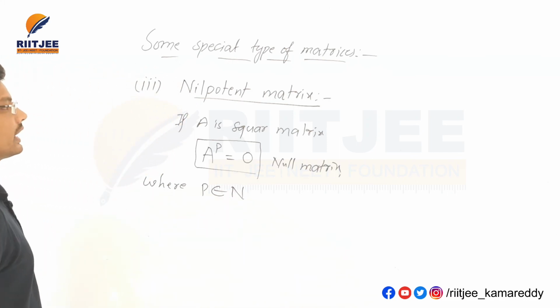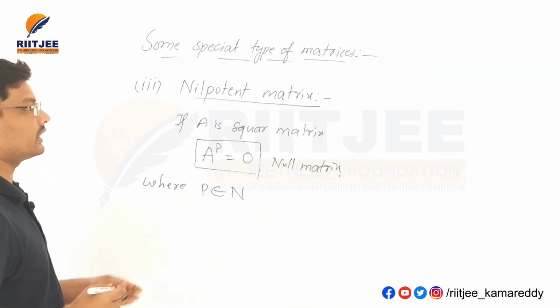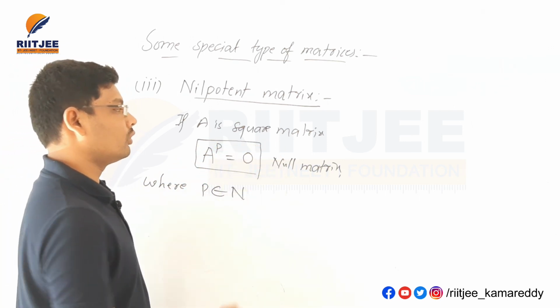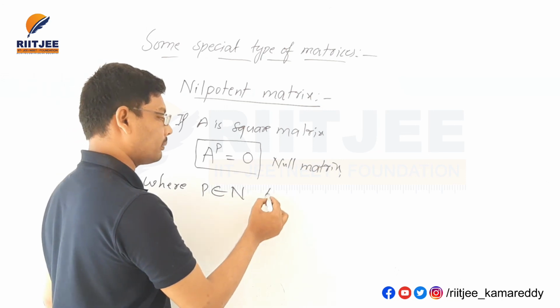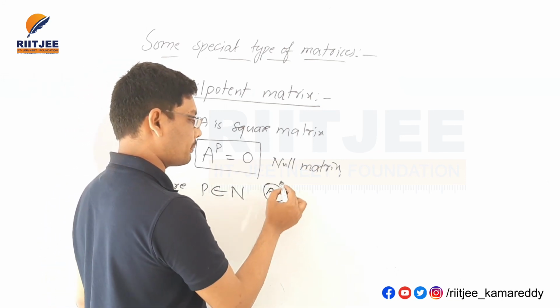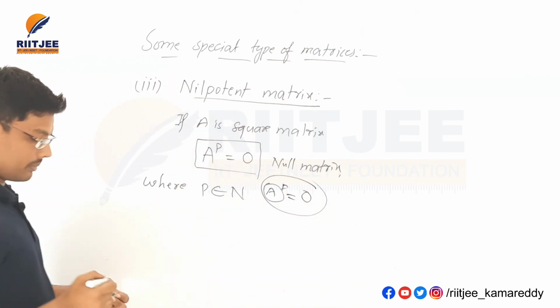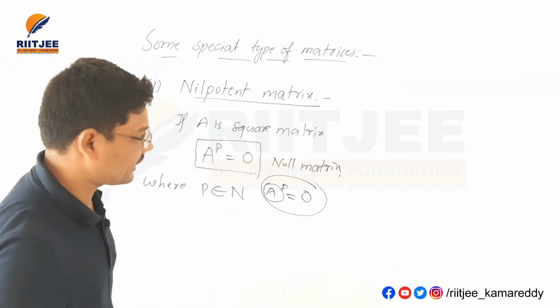This is nothing but a nilpotent matrix. If you multiply any matrix with the power of some P and you get the null matrix, then it is called a nilpotent matrix.